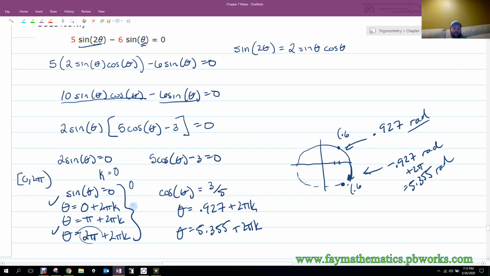If k is 0 here, you get pi. And if k is 0 here, you get 2 pi. So what is another formula that will generate the same results? A more simple formula that's going to reproduce the same results is pi k, where k is an integer.